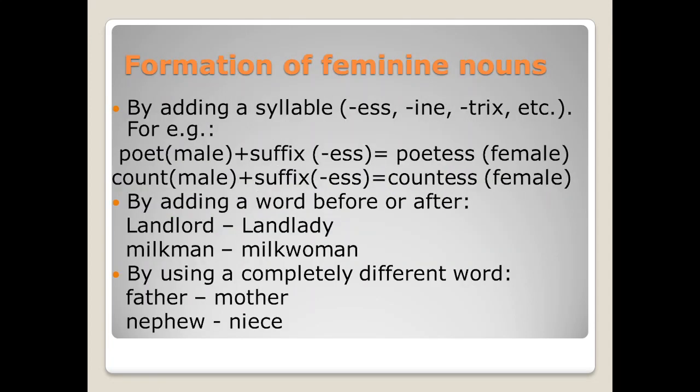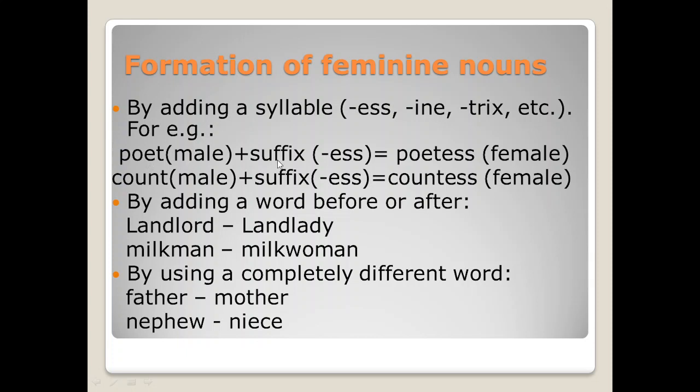Moving forward, now we are going to talk about the formation of feminine nouns from masculine nouns. There are three methods basically. First, by adding a syllable, as in -ess, -trix, etc. We will understand this with an example. For example, poet. Poet is male, we all know that.